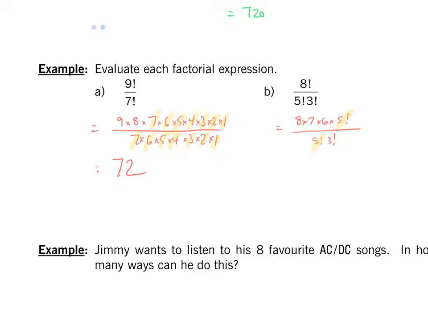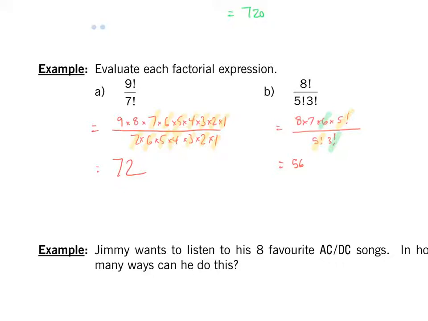And from what we learned earlier, 3 factorial is 6, so 3 factorial can go away as long as you take 6 with it because they both are equal to the same thing. And that leaves us with just 8 times 7. So 8 times 7 is 56. And that's the final answer. So we get that 8 factorial over 5 factorial, 3 factorial, simplifies really nicely.